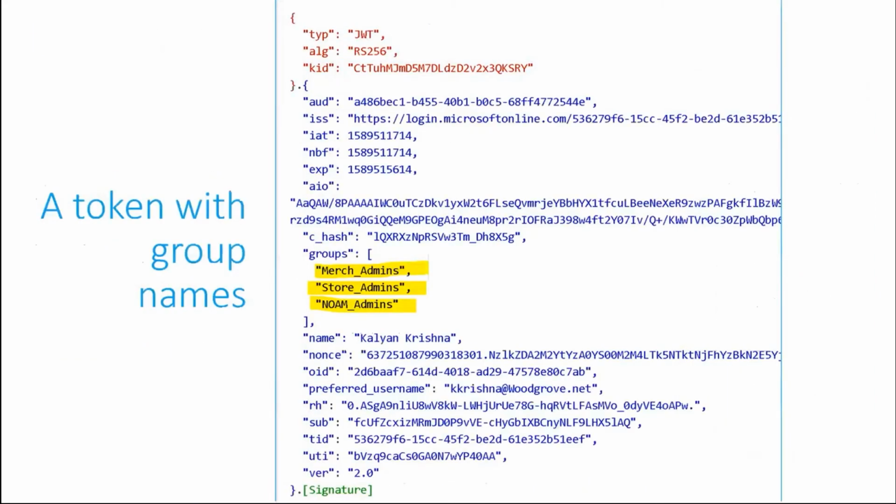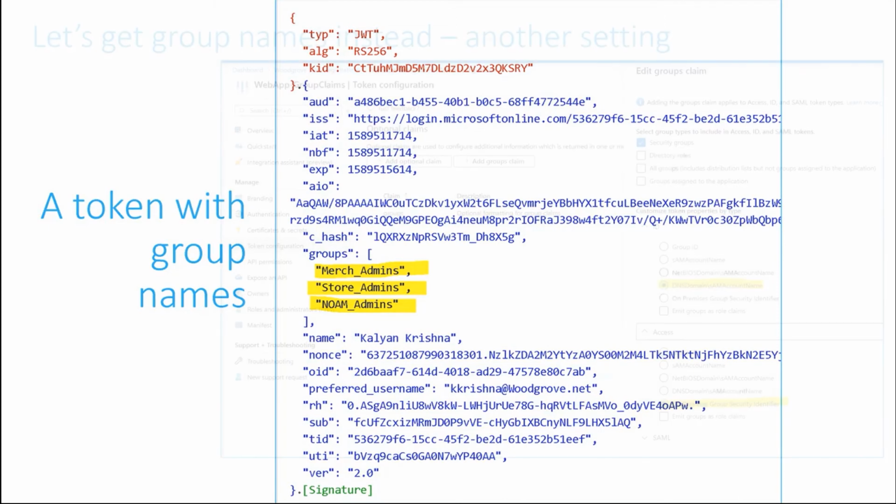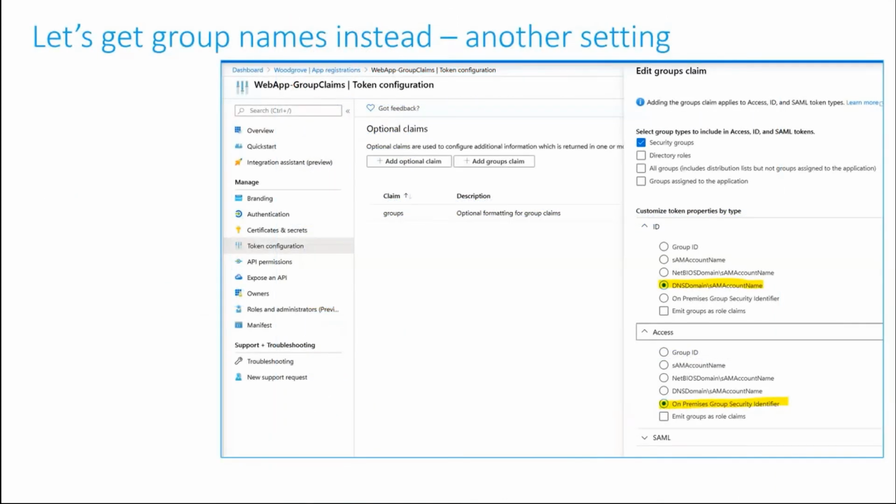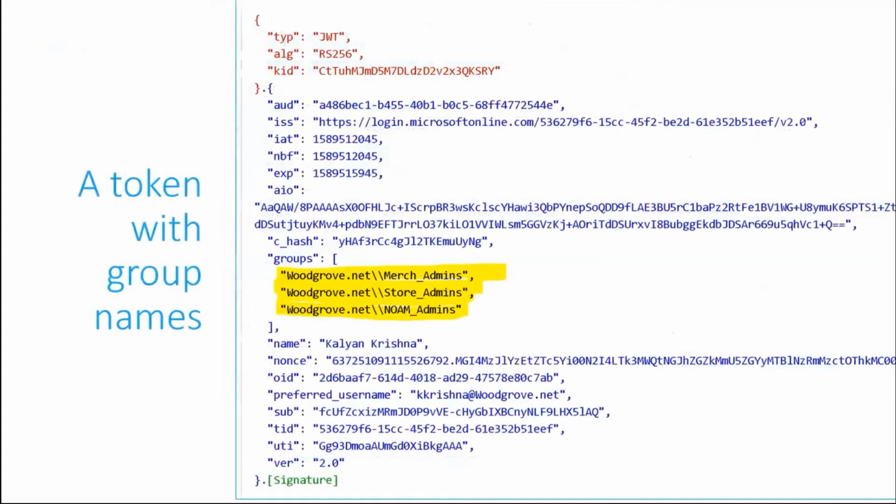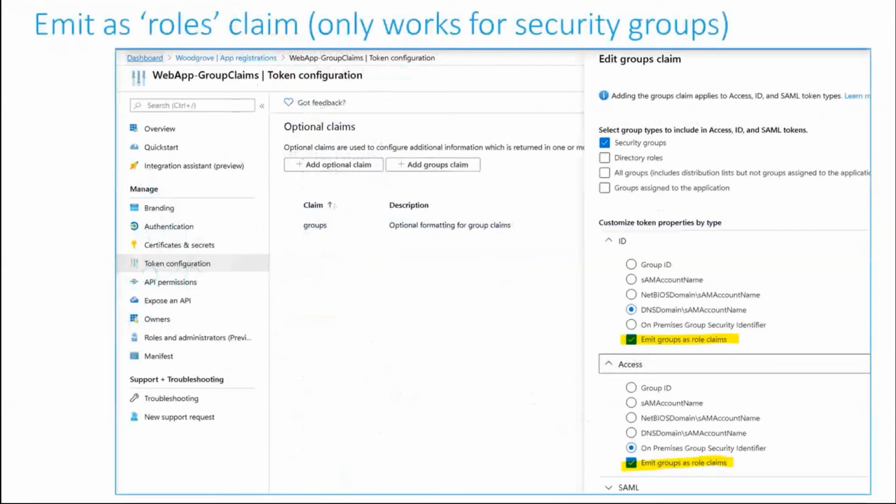For example, once I have made this selection, in my groups claim I'm getting the actual names of groups, which to be very specific is the SAM account name attribute of a group. There are some other options that are also available for you to set the format and how you need to receive the groups claims. I have provided these as options here.